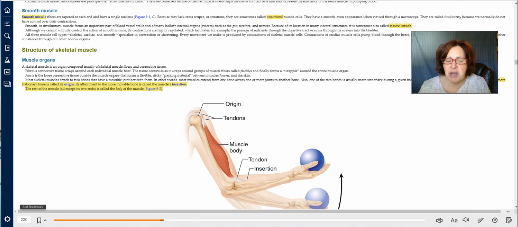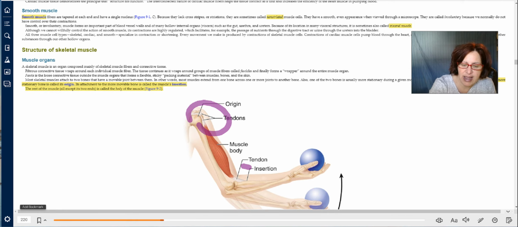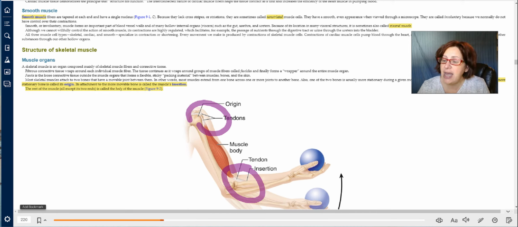So how does a muscle work? The skeletal muscle is attached to a part of our skeleton at each end. We can see it's attached here and it's attached here. It's a tendon that actually attaches the muscle to the bone.